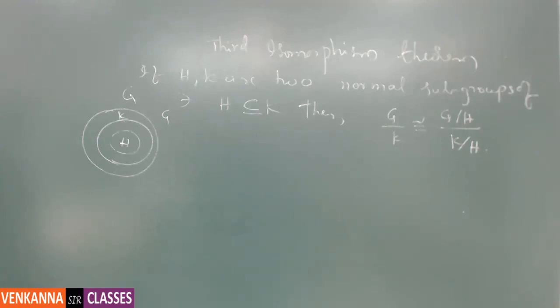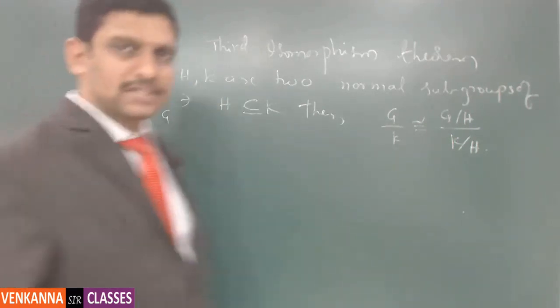All we are going to do is, whenever you have two groups, simply construct an isomorphism between them. We have to find a function which satisfies the criteria of the fundamental theorem of homomorphism. That is actually what we are doing here. So here also we follow the same strategy.